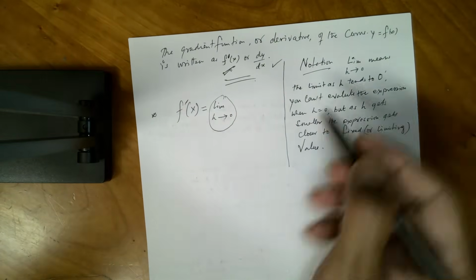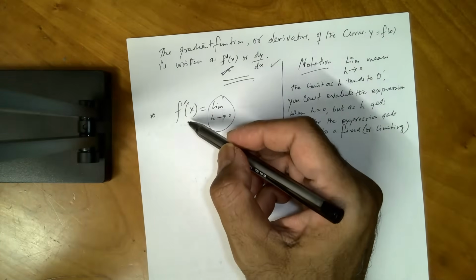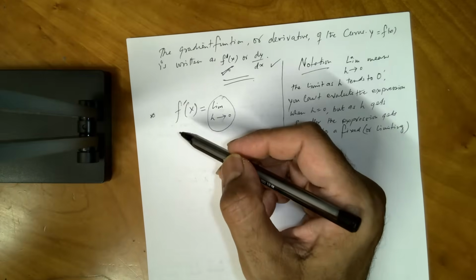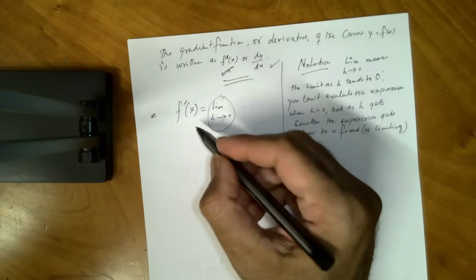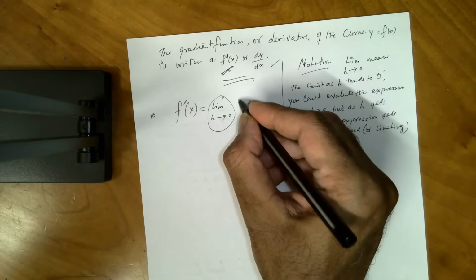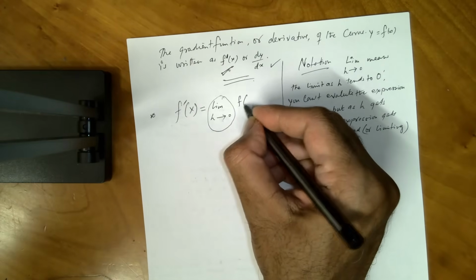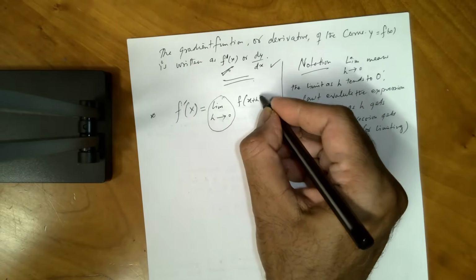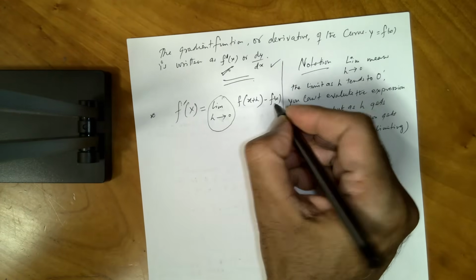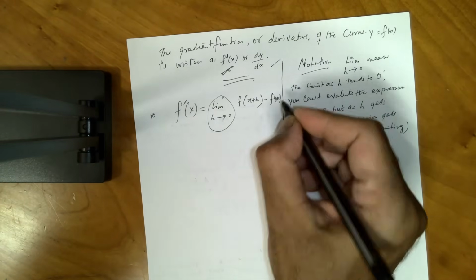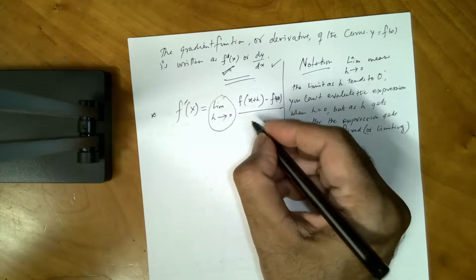Once you understand this, I'm going to bring you back to the formula I was writing. This will be written as f(x + h) minus f(x), by h.